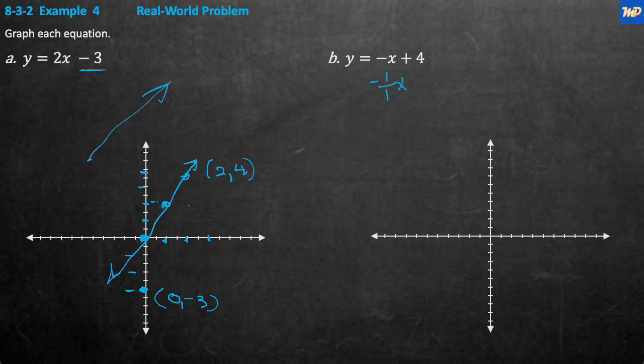Because you need a fraction here to get the y value and the x value. So now we know that we're going to go over 1, up 1, over 1, up 1. But it's negative. So we're going to go down 1 over 1, down 1 over 1.